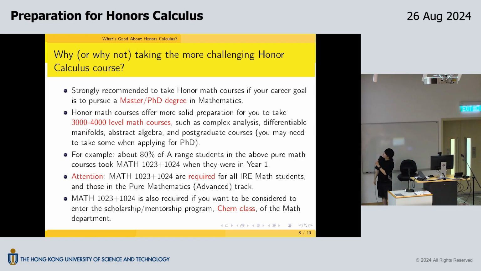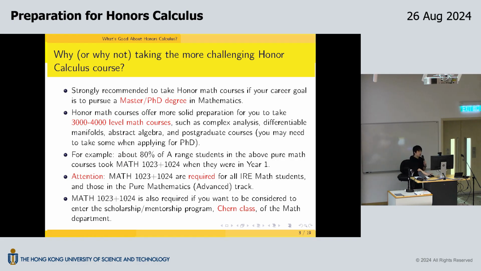If you are a math major and you want to pursue a graduate level degree, let's say a master or a PhD degree in mathematics, then you are strongly recommended to take the honor stream. The normal math stream is actually not enough for pursuing a higher degree in math.